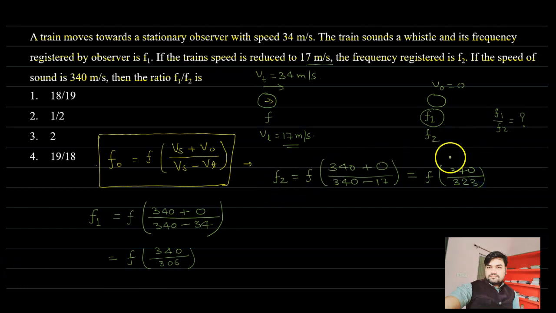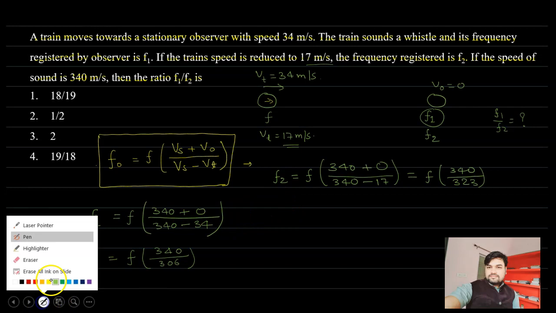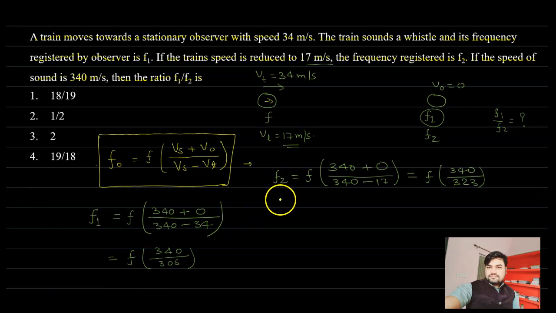The ratio f1 by f2 will be, f1 is this one, so we can write f into 340 divided by 306, and f2 is f 340 divided by 323.